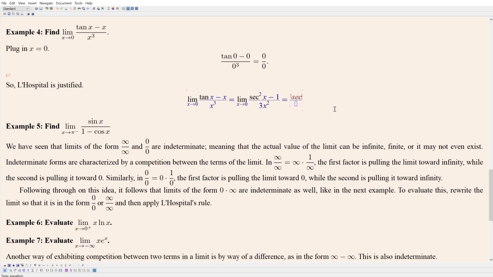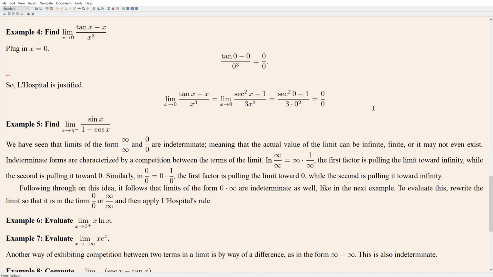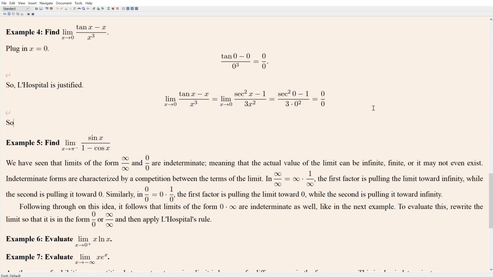So secant squared at 0 minus 1 over 3 times 0 squared. So secant, that's 1 over cosine, right? So cosine at 0 is 1, so that means this is also 1. Huh, so we get 0 over 0 again. So let's use L'Hopital again.